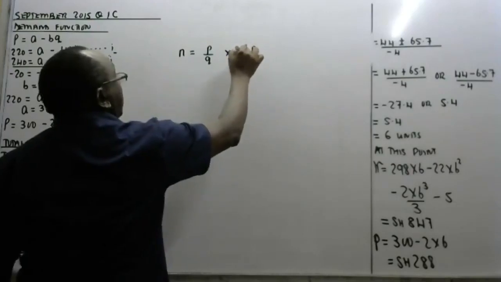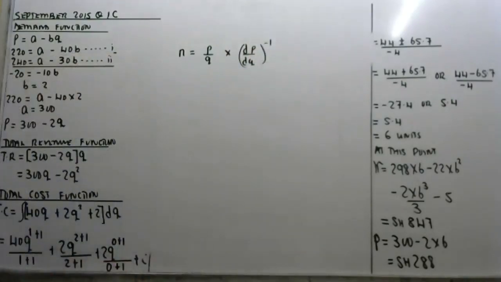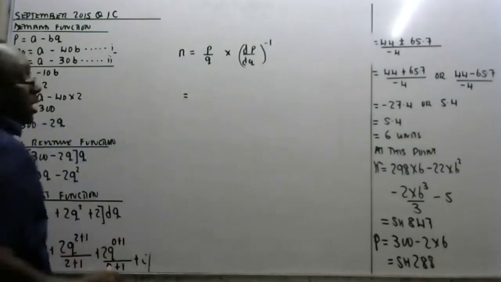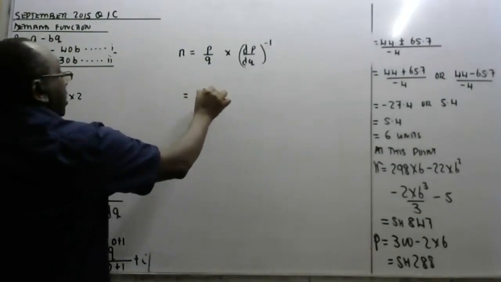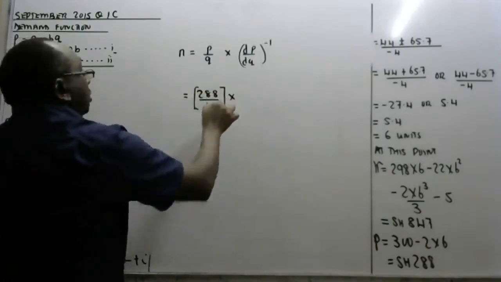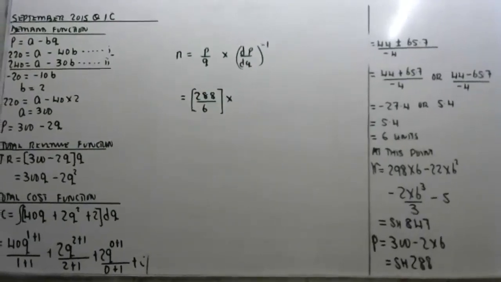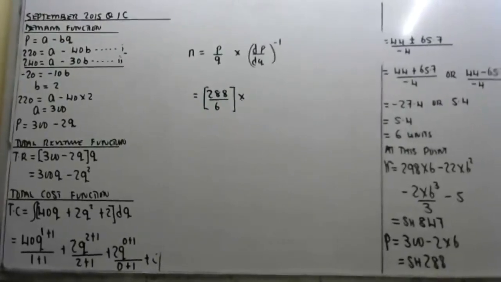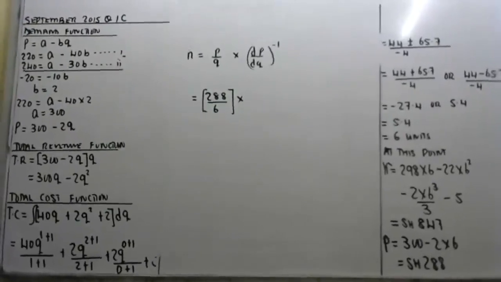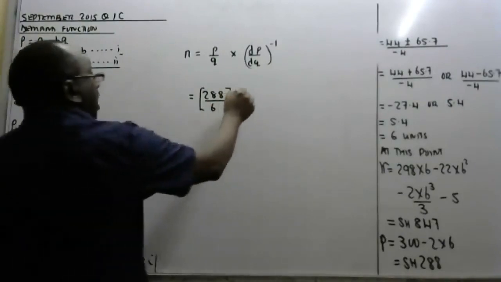Then N, which we called the price elasticity, we say it is given as P out of Q multiplied by the inverse of the differential of P with respect to Q. So P we know it is 288 and Q is 6, multiplied by the differential of P. So what you need to do is go where we had the P, and you differentiate it with respect to Q. When you differentiate, you get minus 2.